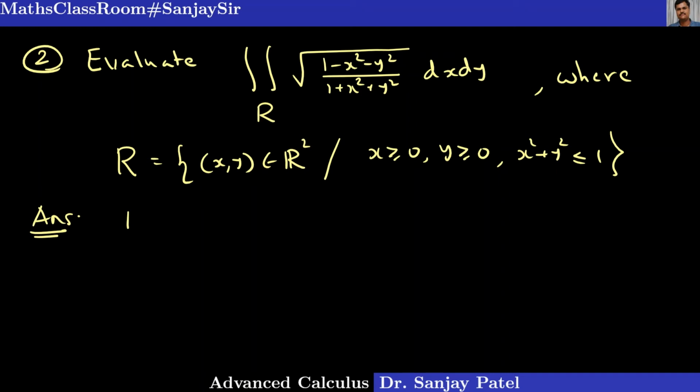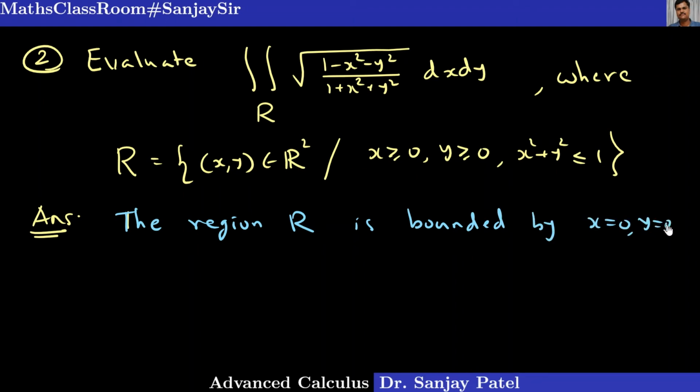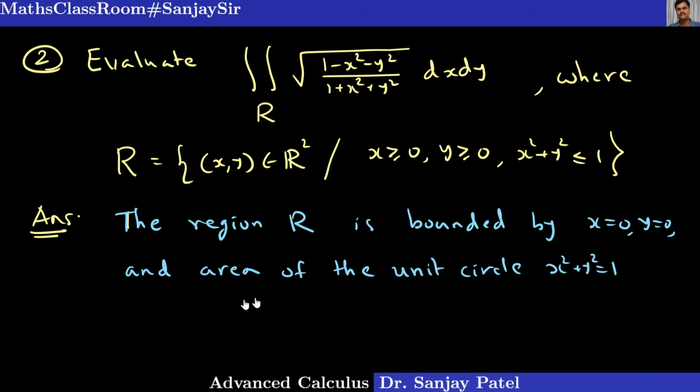The region R is bounded by x equal to 0, y equal to 0, and the area of the unit circle x square plus y square equal to 1 in the first quadrant.